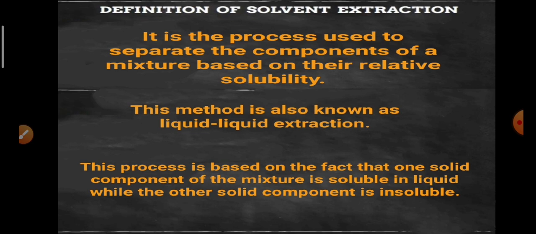This process is based on the fact that one solid component of the mixture is soluble in liquid while the other solid component is insoluble. In this method, we can separate the mixture of sodium chloride and calcium carbonate, in which sodium chloride, or the common salt, is soluble while calcium carbonate is insoluble.